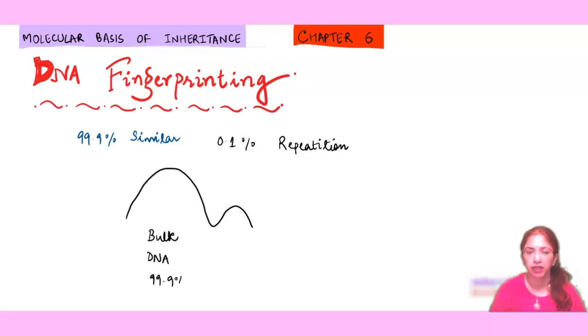Means 99.9% we will get that DNA which is in huge amount and similar in every one of us. Whereas 0.1% will be that DNA which is in the form of repetition. Okay, so this DNA which is in the form of repetition is known as satellite DNA.